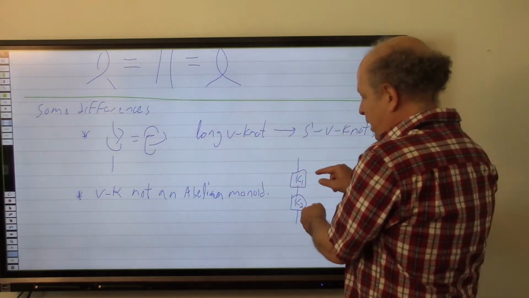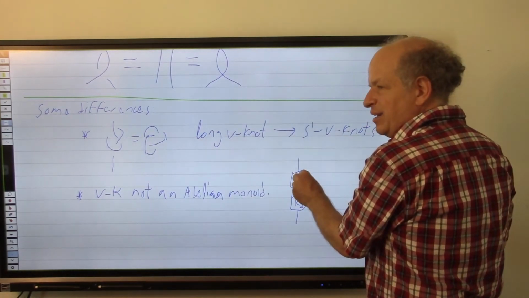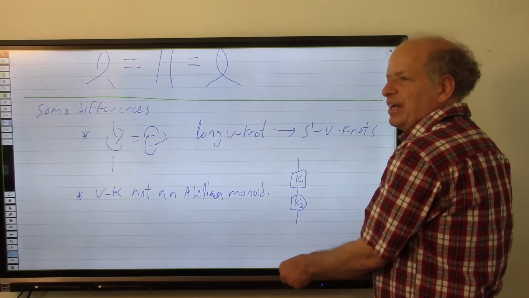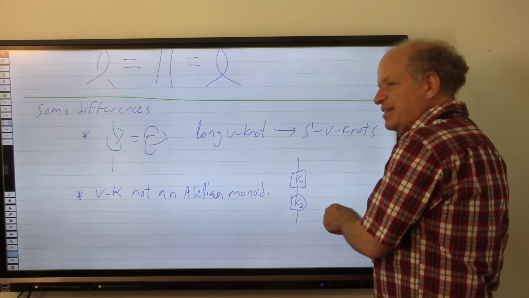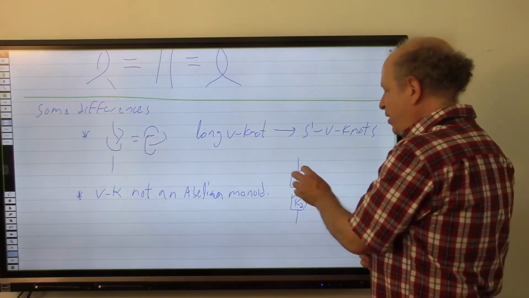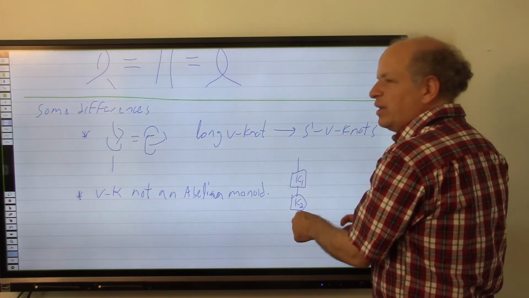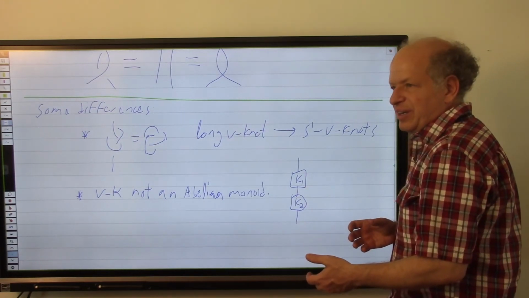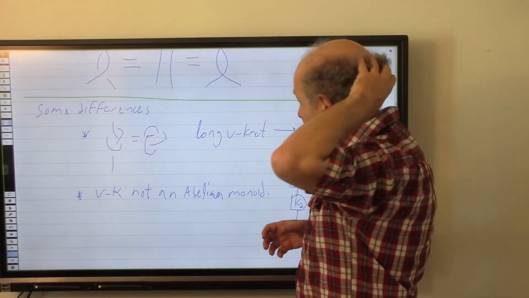And in fact, this would be abelian because there was a funny argument where you shrink K1 and let it travel through K2 and come out on the other end. This argument fails for virtual knots. This operation of shrinking K1 and passing it through K2 and then expanding it once again does not work for virtual knots. And in fact, one way of seeing it, maybe the easier way, is to use the perspective that I don't like.